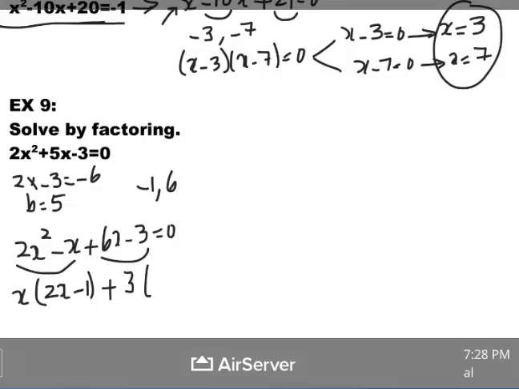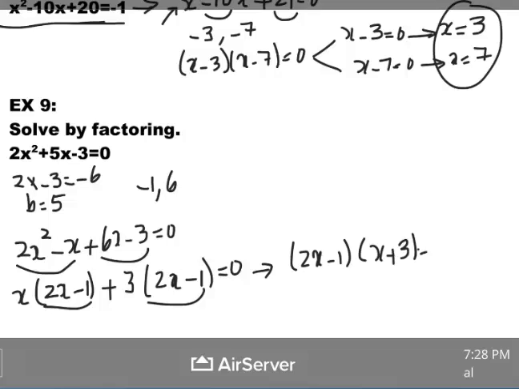I get 3 times 2x minus 1 is equal to 0. 2x minus 1 is common between them, so I can factor 2x minus 1 out, and I'm going to end up with x plus 3 is equal to 0.